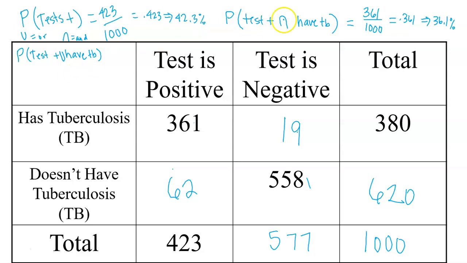So it's a little bit different than the intersection or the "and." It doesn't mean this person has both. It means this person has one or the other.